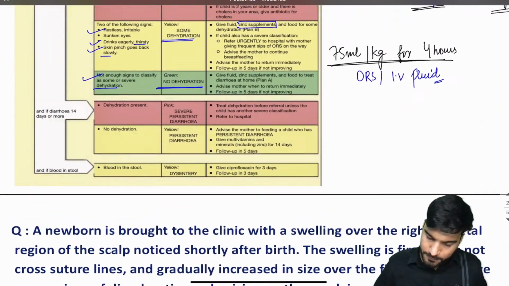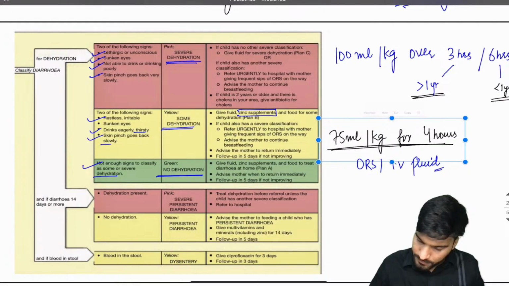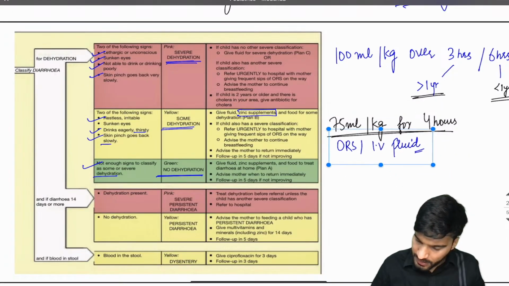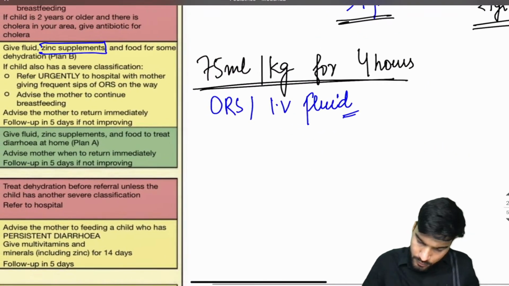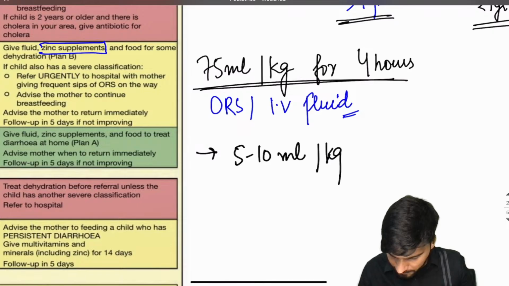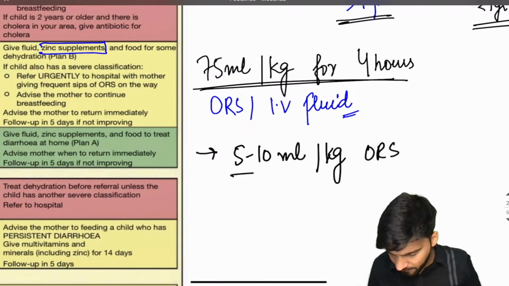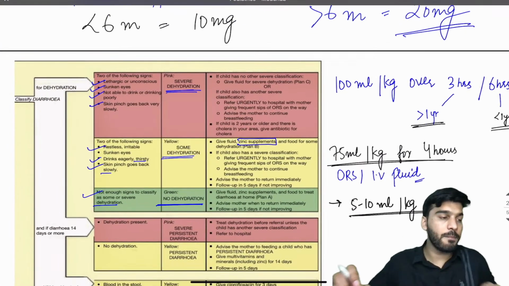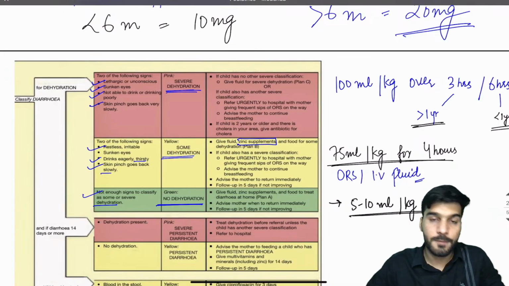Okay, and if there is no dehydration, then give 5 to 10 ml per kg ORS.